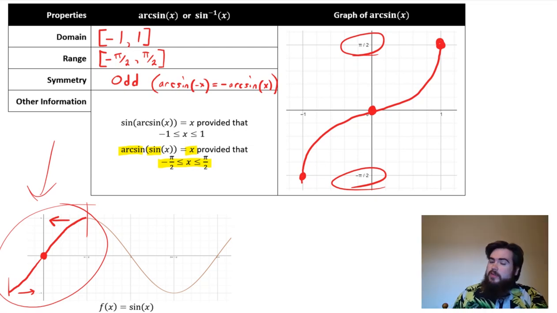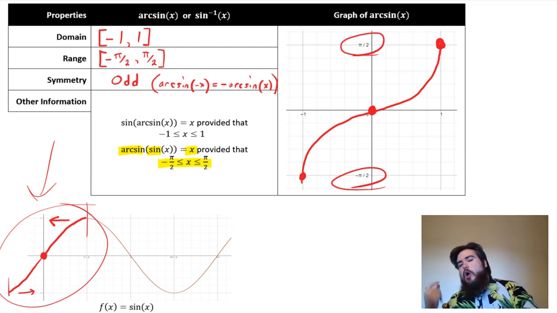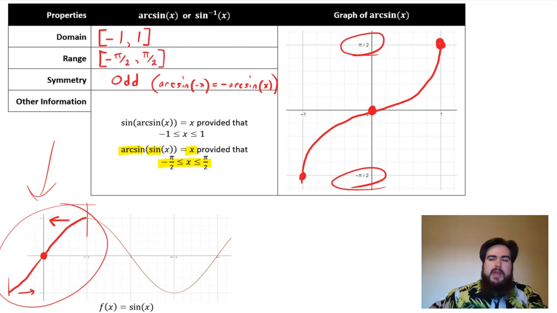If it is not within that range, then arcsine would not equal that same value. If that is the case, then it is recommended instead to work from the inside out, to evaluate sine of whatever value you're working with, and then take arcsine of that ratio that is output from sine of x.